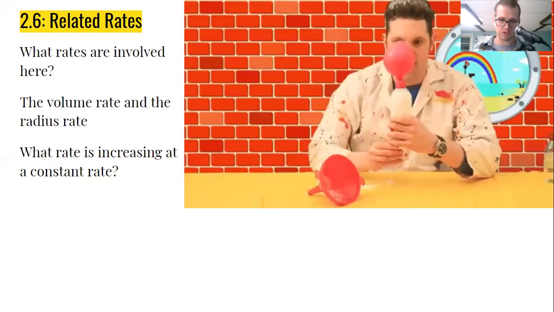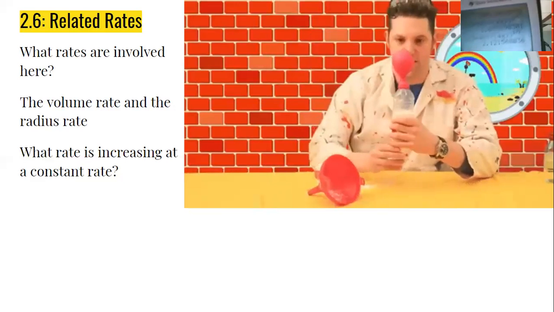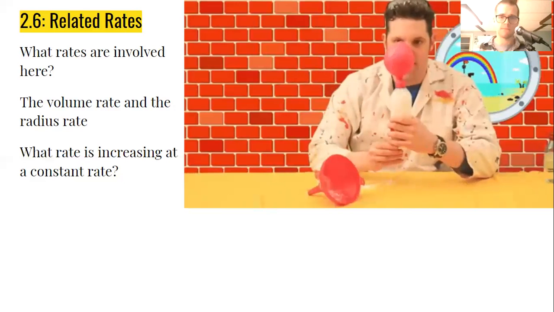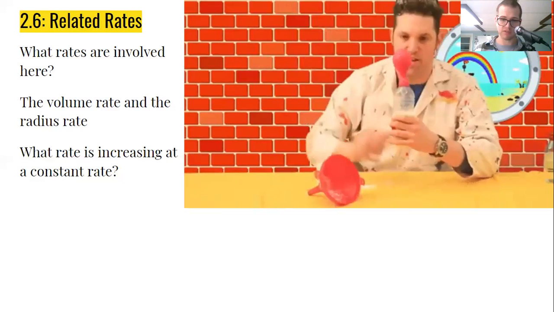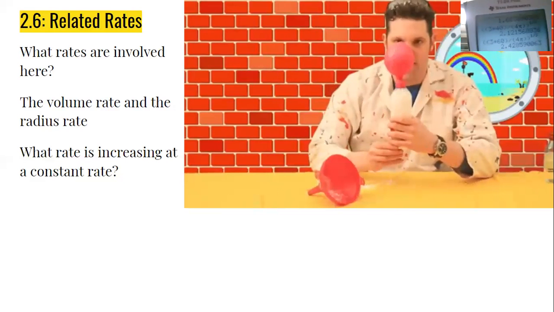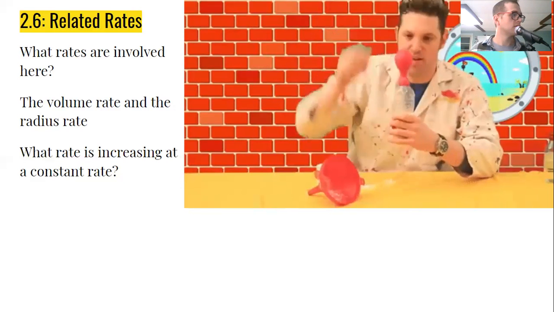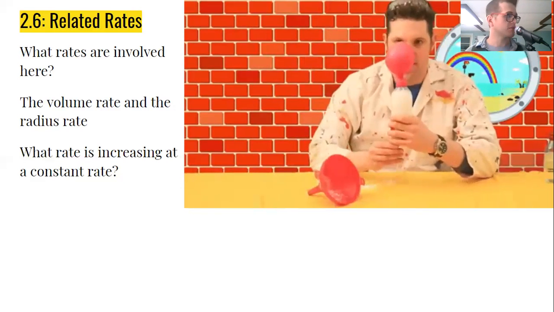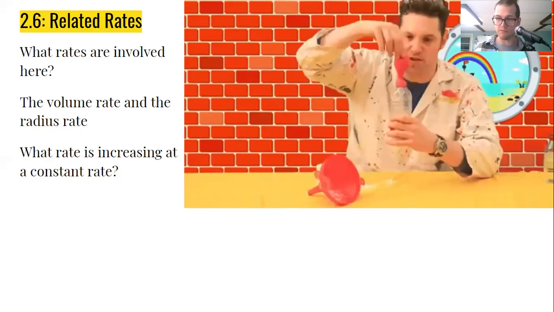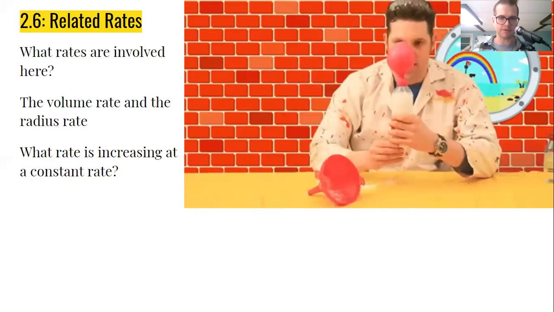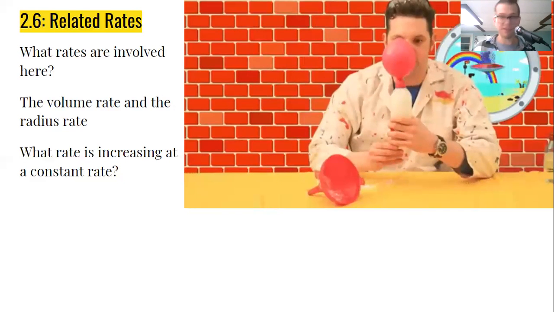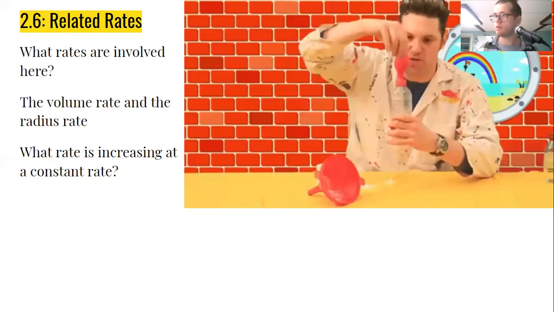If I go to 40, it's increased by about 0.5. If I increase the volume by another 20 to 60, it's increased by about 0.3. Yeah. Because the larger the radius gets, the more volume it'll take for it to grow. So if the volume keeps growing at a constant rate, the radius isn't going to move as much. And we can kind of see that with those numbers right there.